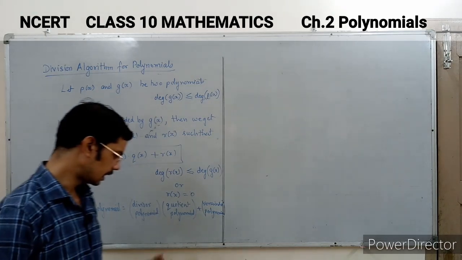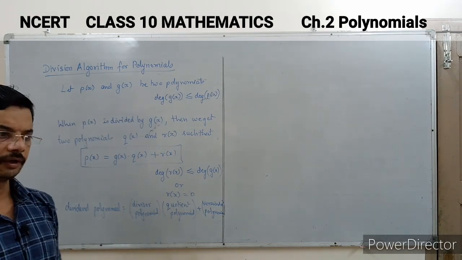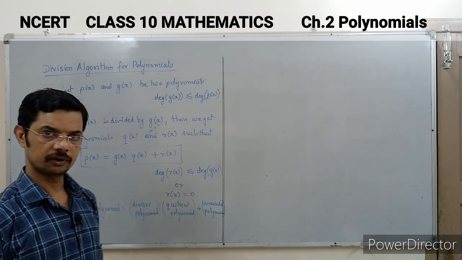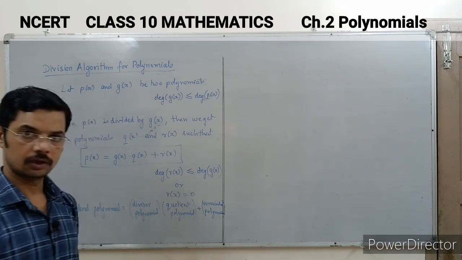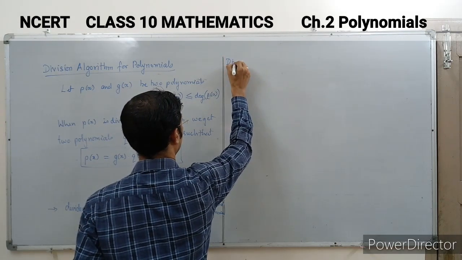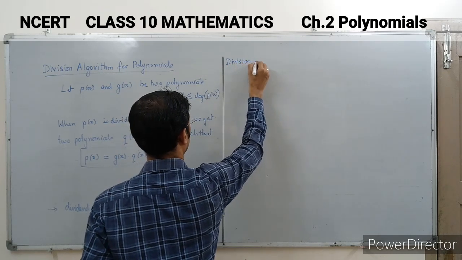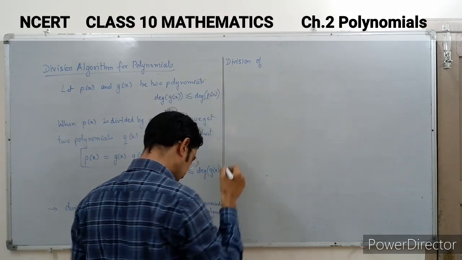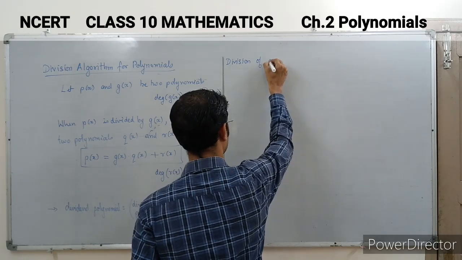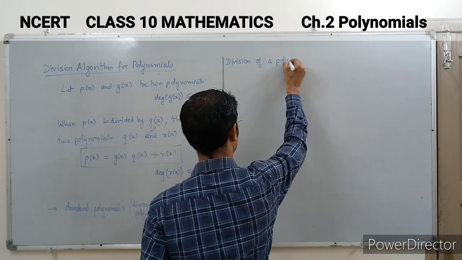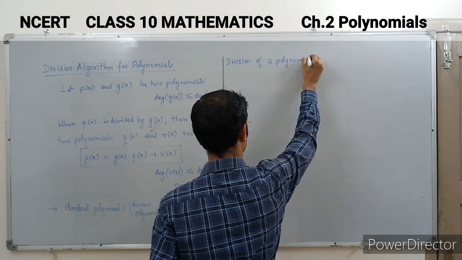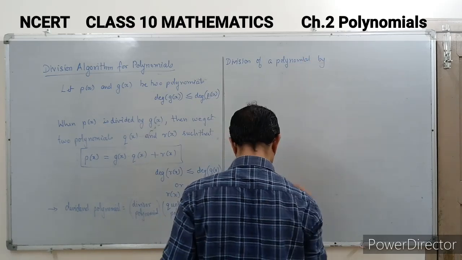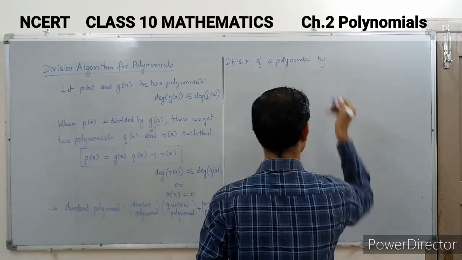Now let us consider an example. Let us divide one polynomial by another polynomial and observe how this works out. Division of a polynomial by another polynomial.